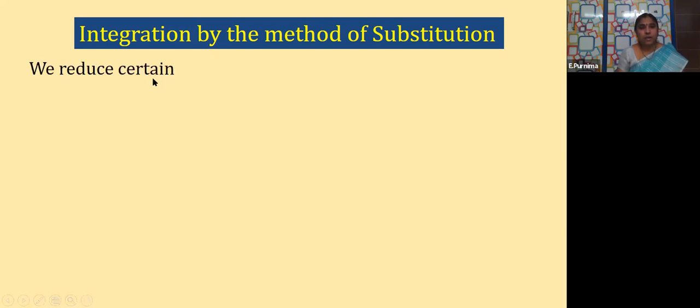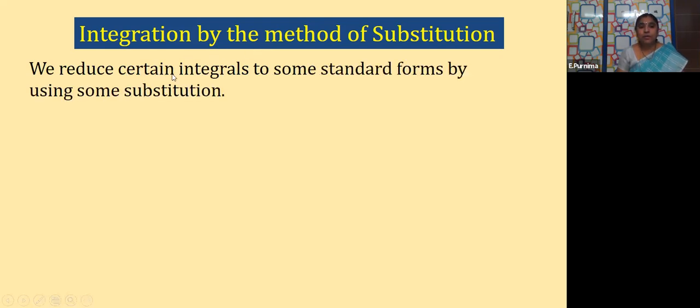What does it mean? The method of substitution is nothing but we reduce certain integrals to some standard forms by using some substitution. When do we do it? Suppose a sum is given to you and you are not able to solve it directly, by any other method you have seen till now, like multiplying and dividing with the conjugate, or splitting the integrals.